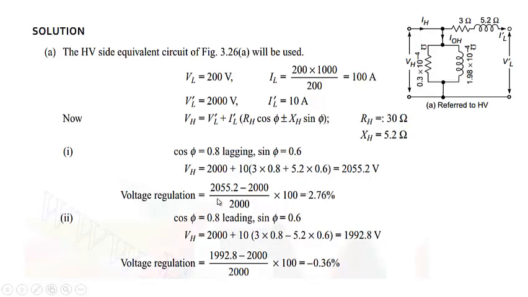Now the voltage regulation will be this voltage minus the no load voltage V2. When there is no load, this voltage is the same as the full load voltage, so it is 2055.2 minus 2000, divided by the full load voltage. It comes out to be 2.76%.